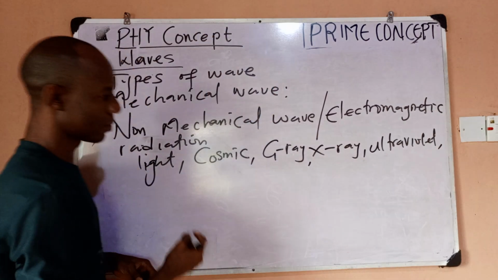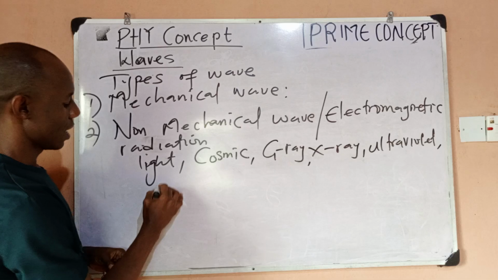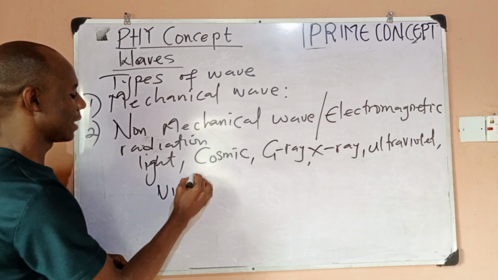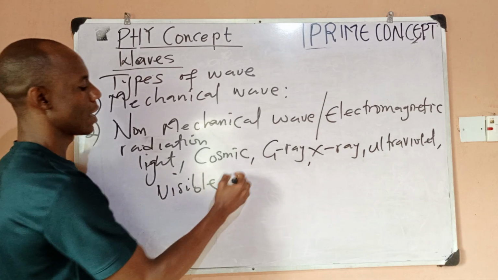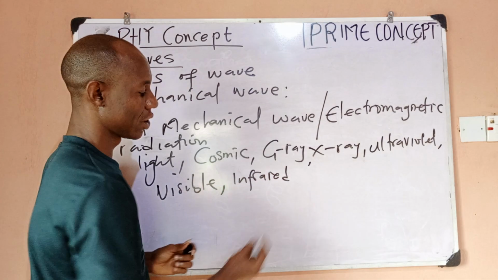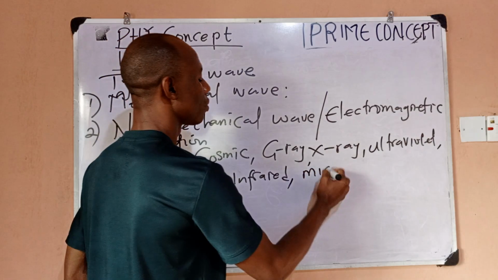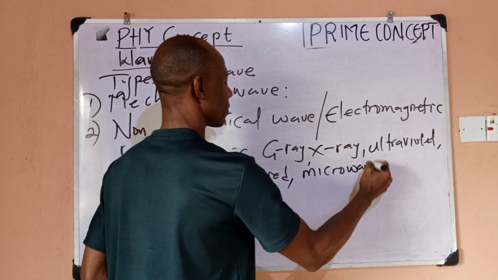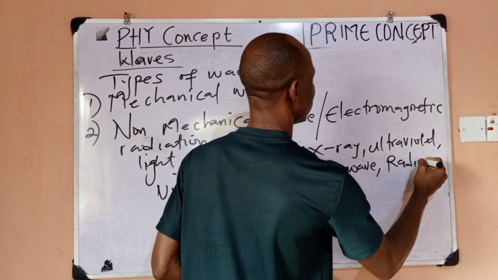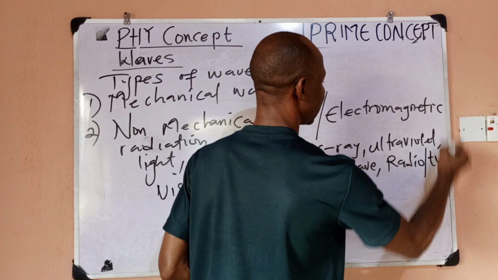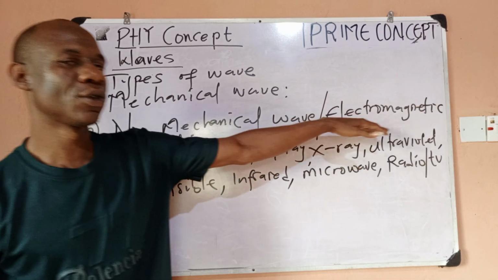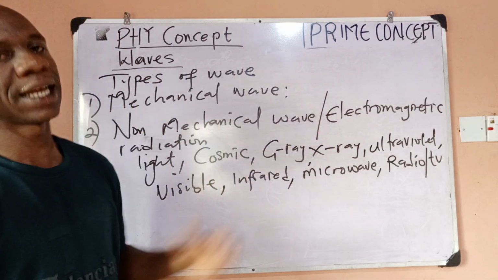We have the visible light. We have the infrared radiation. We have the microwave. We have the radio, which is also known as TV radiation. So these are examples of electromagnetic or non-mechanical waves.